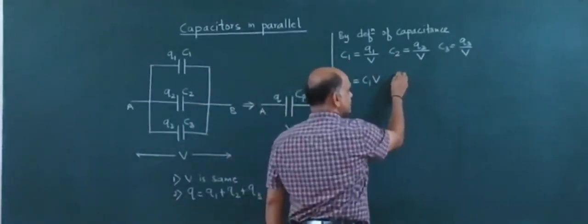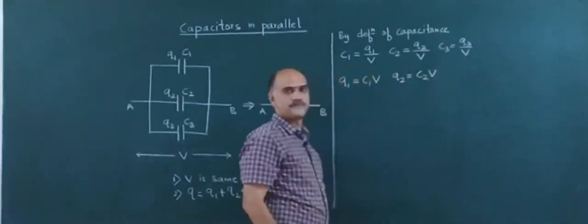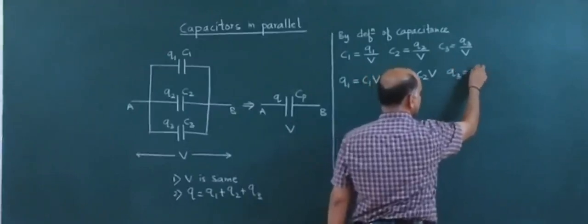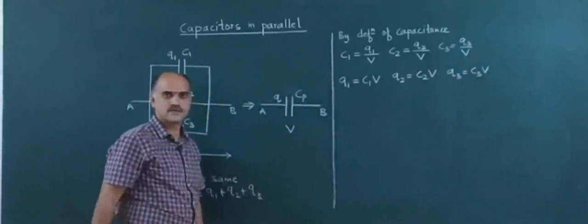Similarly, Q2 is equal to C2 into V. Similarly, Q3 is equal to C3 into V.